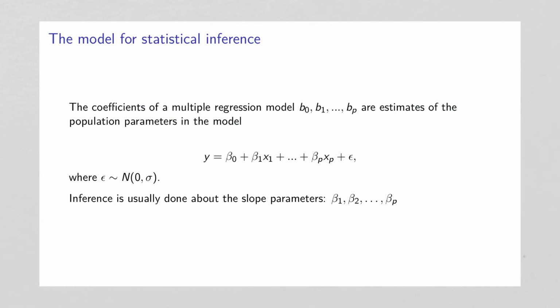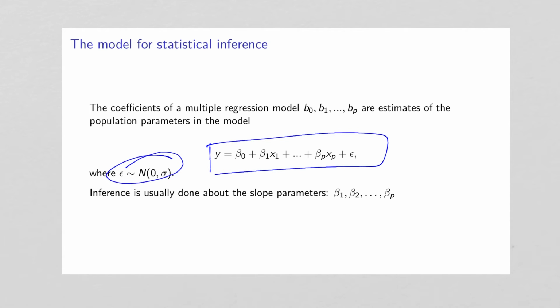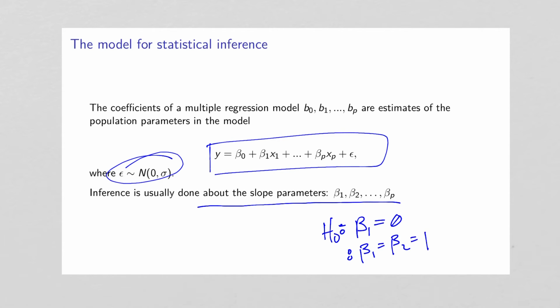And so let's do some inference. So again, the same line, we have the residuals, right? Inference is usually done about the slope parameters. So remember, your H0 is that beta 1 is equal to 0. But now that we have multiple, it is beta 1 is equal to beta 2 is equal to beta 3, which are all equal to 0.